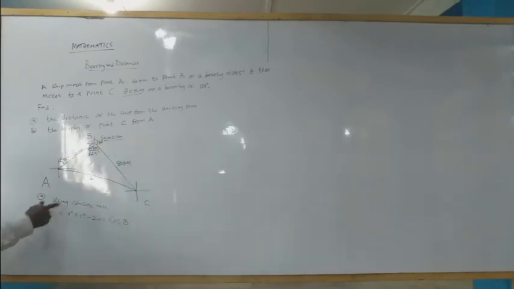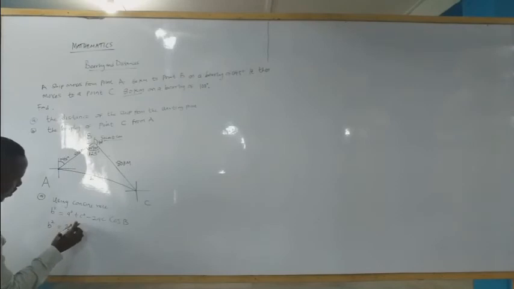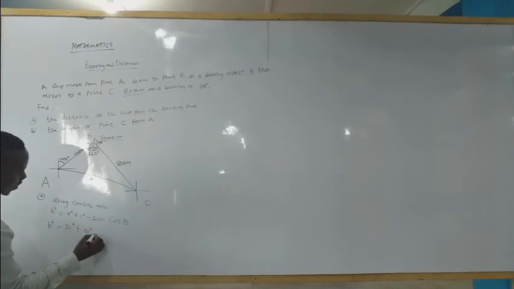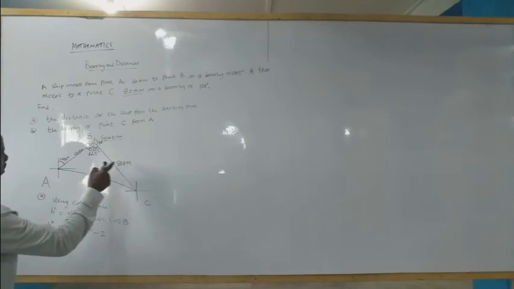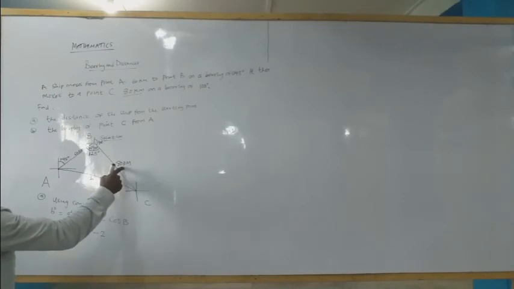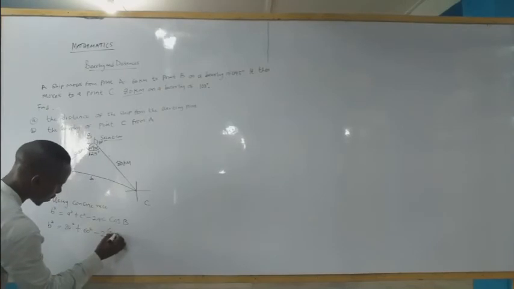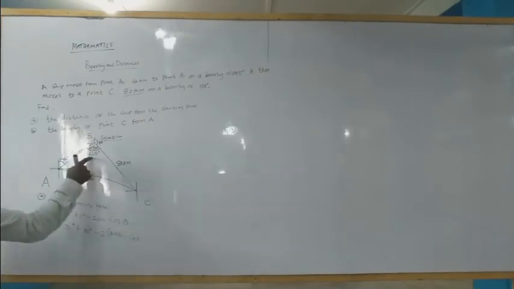So we are looking for small b. Therefore b square is equal to a square; our a is 80, so 80 square, plus c square, where c is 60, so 60 square, minus 2ac, which is 2 times 80 times 60, cos B.